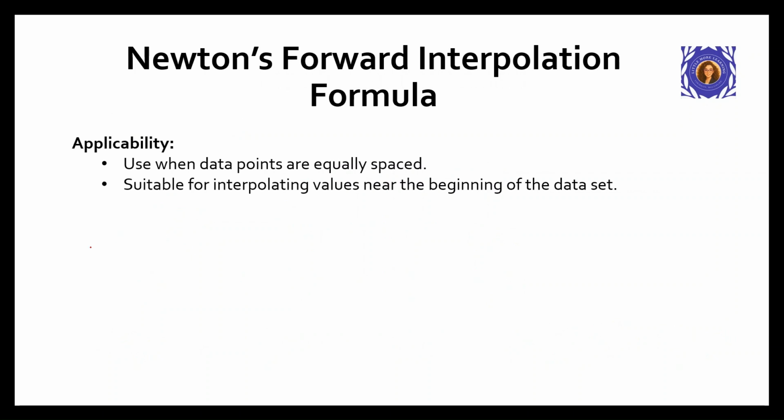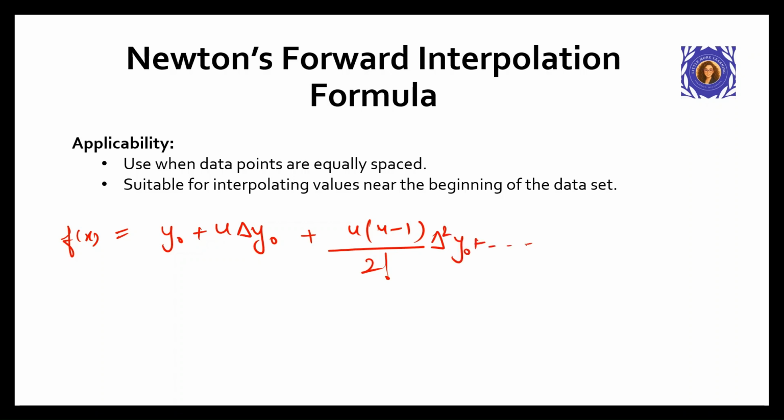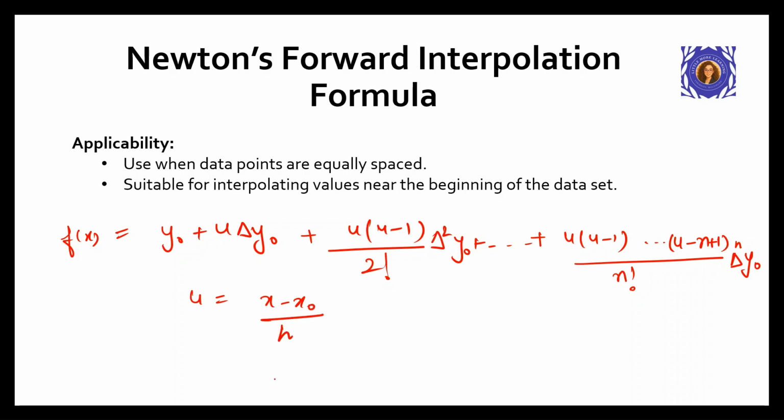The formula for this is f(x) equals y naught plus u delta y naught plus u(u minus 1) divided by 2 factorial delta square y naught, and this continues up to u(u minus 1) and then it continues to (u minus n plus 1) divided by n factorial, then delta to the power of n y naught, where u is given by (x minus x naught) divided by h.